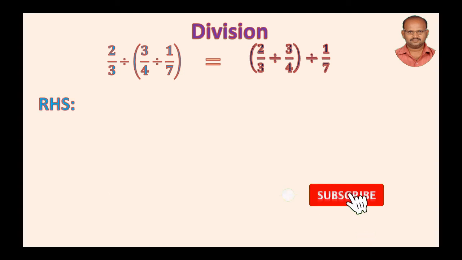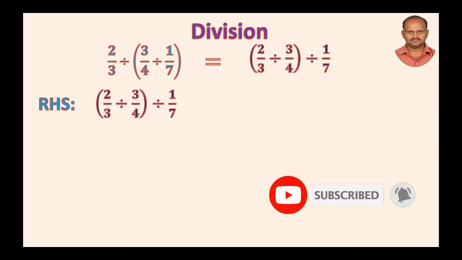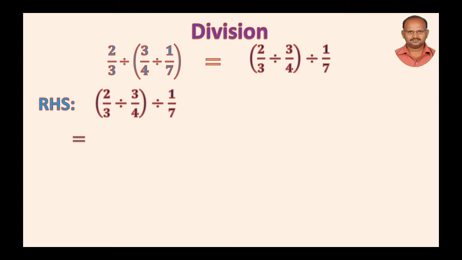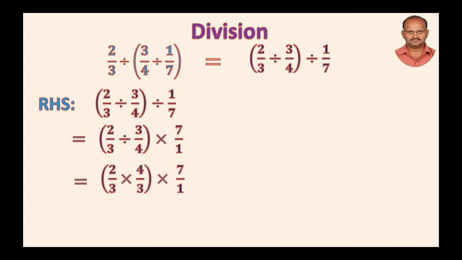RHS is equal to 2 by 3 divided with 3 by 4 within brackets divided with 1 by 7. Then 2 by 3 divided with 3 by 4 within brackets into 7 by 1. That is equal to 2 by 3 into 4 by 3. 4 by 3 is nothing but multiplicative inverse of 3 by 4, into 7 by 1.